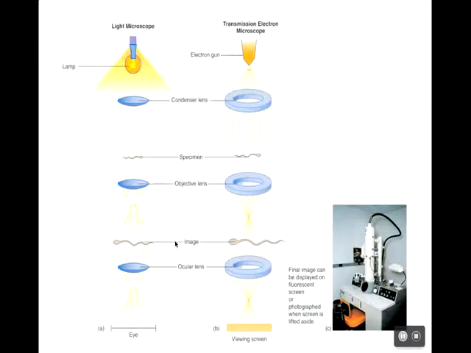Now, electrons are high energy, and when they travel in a wave, they have an extremely short wavelength. In fact, they're about 100,000 times shorter than the wavelength of visible light. Now, we know resolution is a function of wavelength. So if your wavelength is really, really short, this is going to mean that your resolution is really, really good.